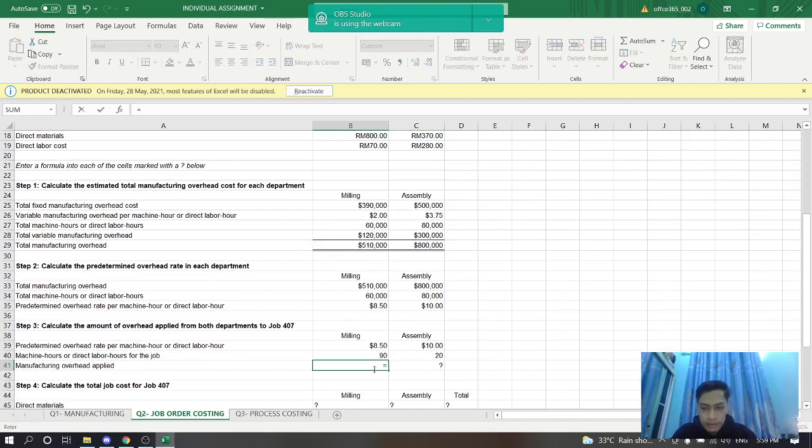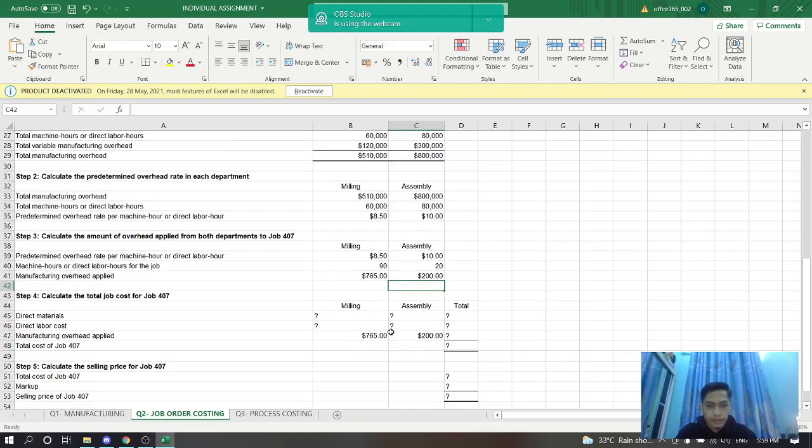Okay, next multiply with the machine hour. We get the manufacturing overhead applied. Multiply with the direct labor hour and then the direct material.